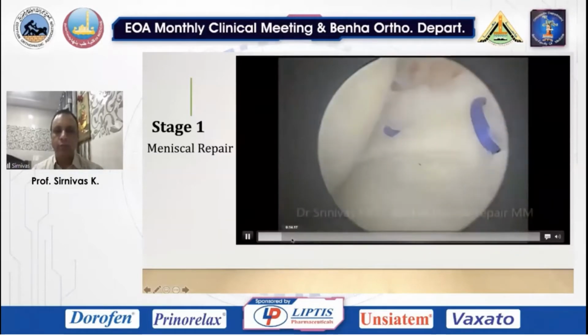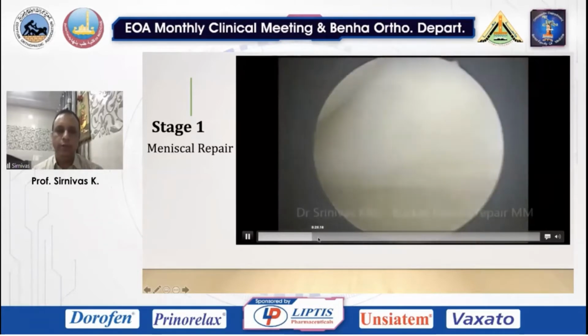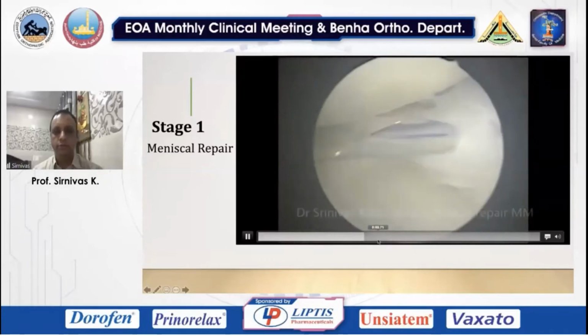So medial meniscal repair was done using 5 stitches from front to back, using meniscal menders. Outside-in technique was used.